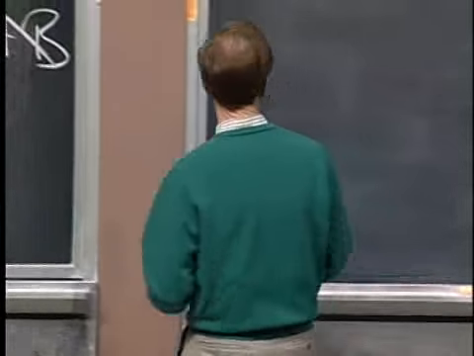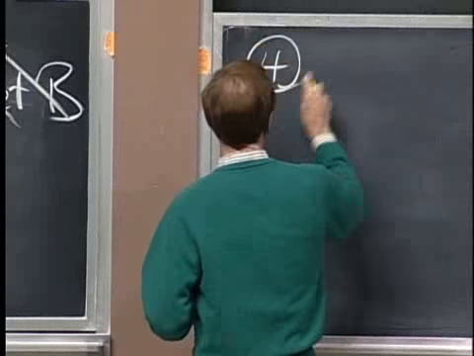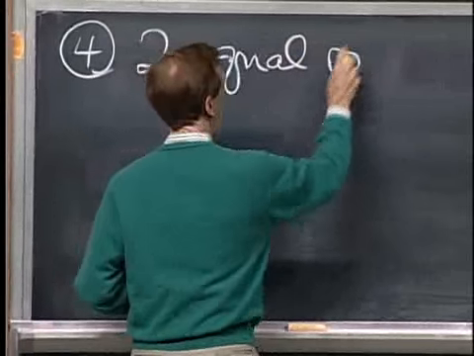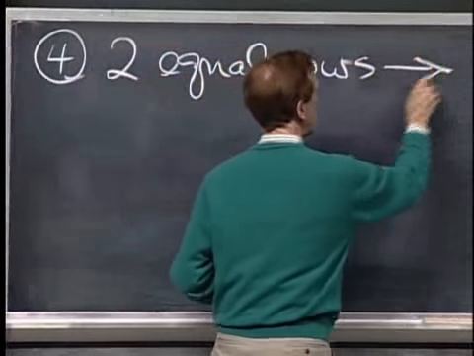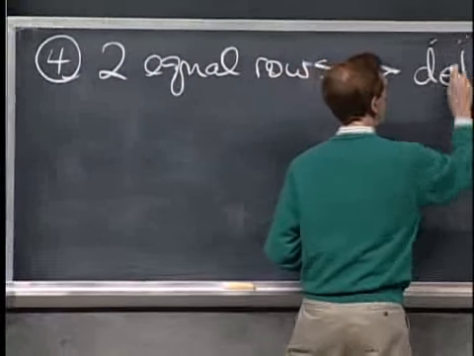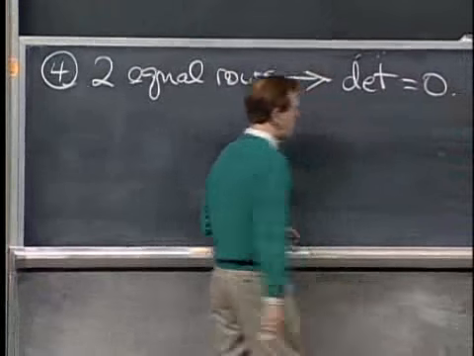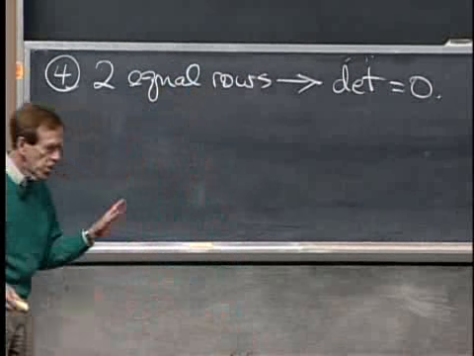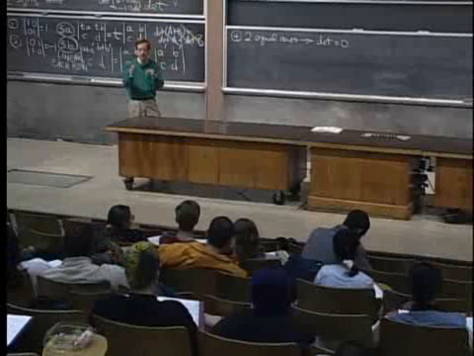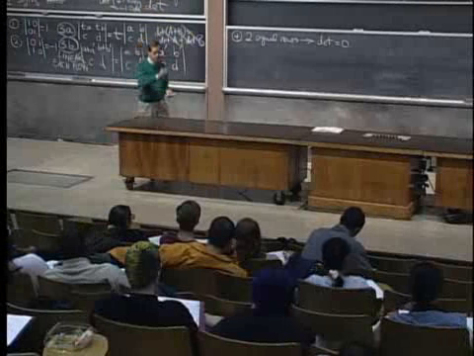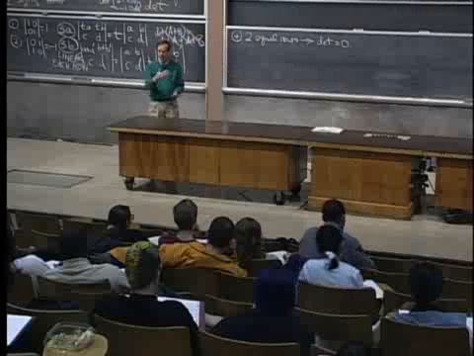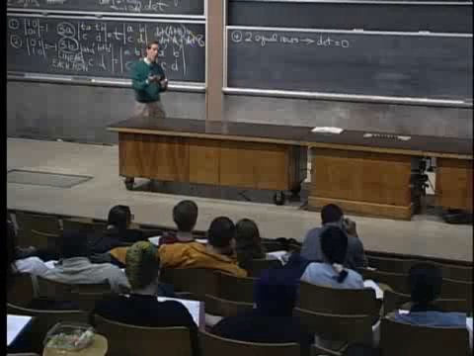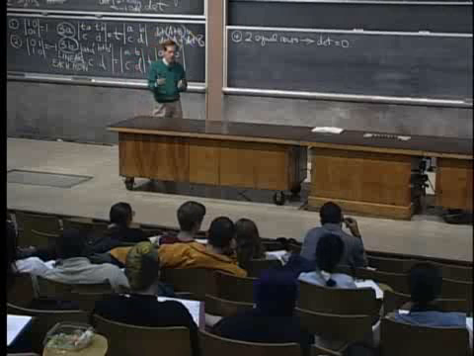Two equal rows lead to determinant equals 0. Of course, in the 2 by 2 case, I can check that the determinant comes out 0. But I want to see why it's true for n by n.